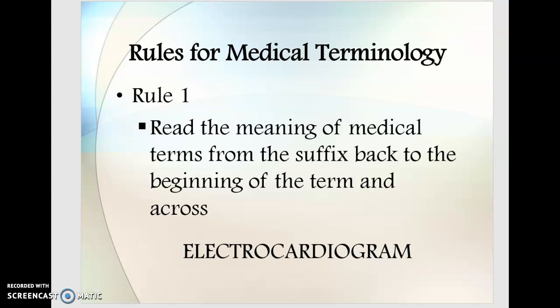So the first thing is rule number 1, and this is the most important rule, and it will come to bite you in the behind in future tests if you don't learn this rule right now. Okay? So the first thing we're going to do is when we read the meaning of a medical term, we start at the suffix and then we go back to the beginning of the word and read it across.